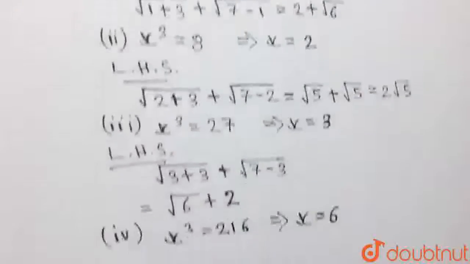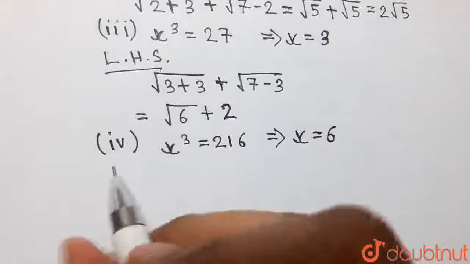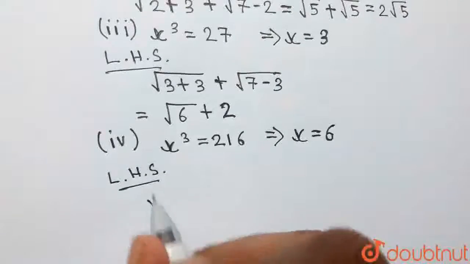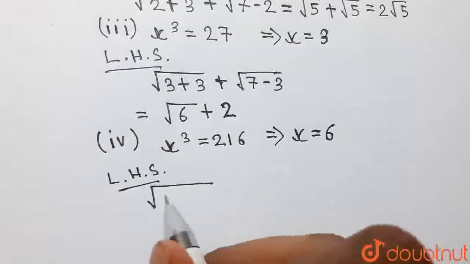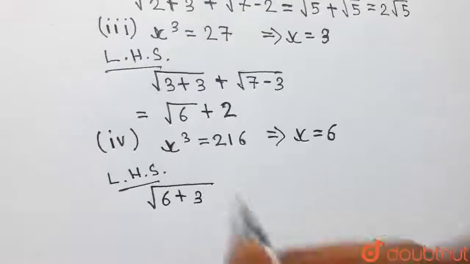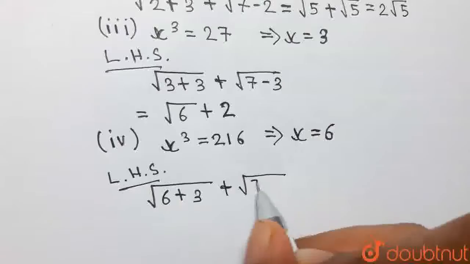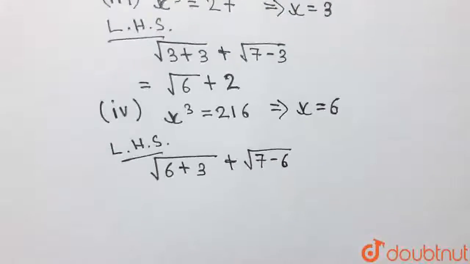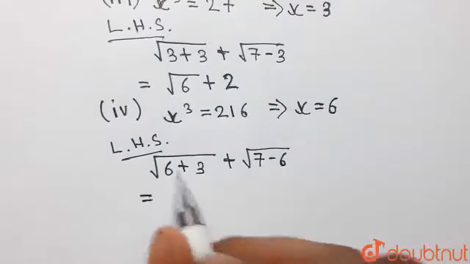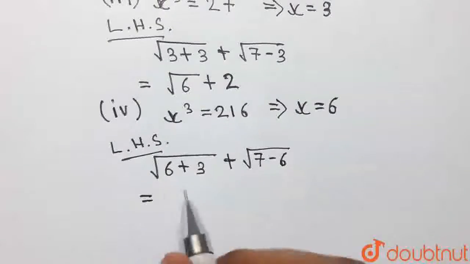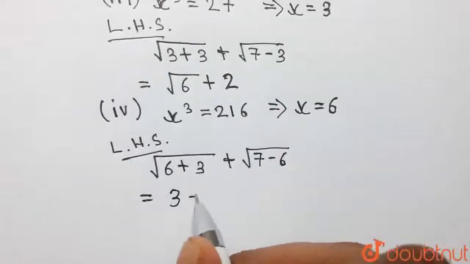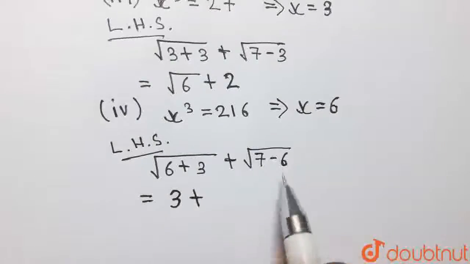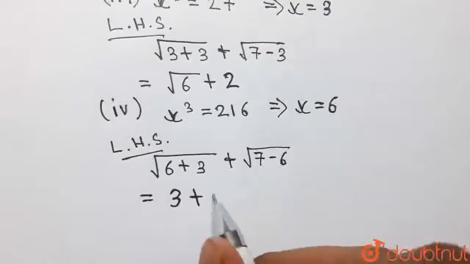When x equal to 6 is substituted in the left hand side of the equation, the value comes out to be root over 6 plus 3 plus root over 7 minus 6. When calculated, root over 6 plus 3 is root over 9, and root over 9 is 3, hence 3 plus root over 7 minus 6, which is root over 1, and root over 1 is 1 itself.